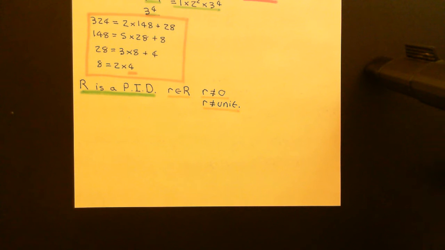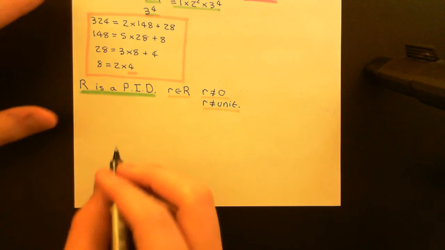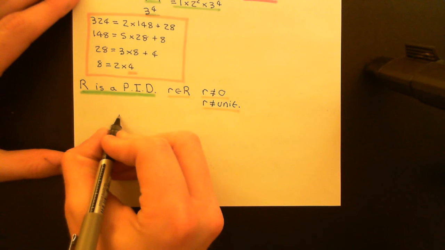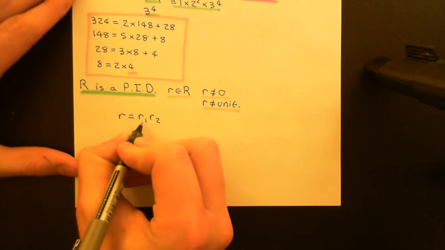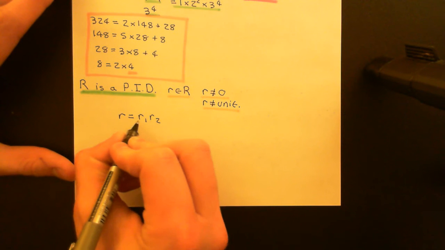And there you have a beautiful factorization into irreducibles. Now if it's not irreducible, then it will instead be reducible, and it will be writable as a product of two elements which are not units. So we'll now assume that R is reducible, and it can therefore be written as R1 times R2, where neither of these is a unit.